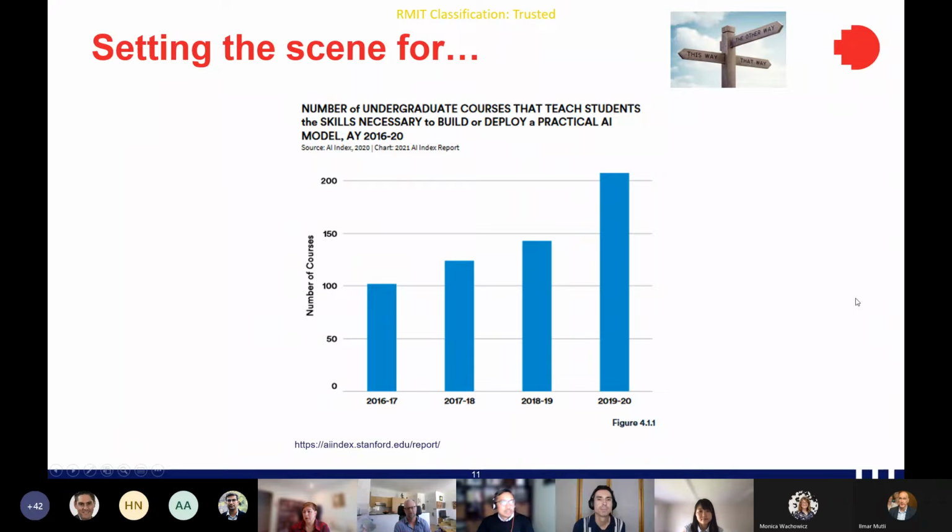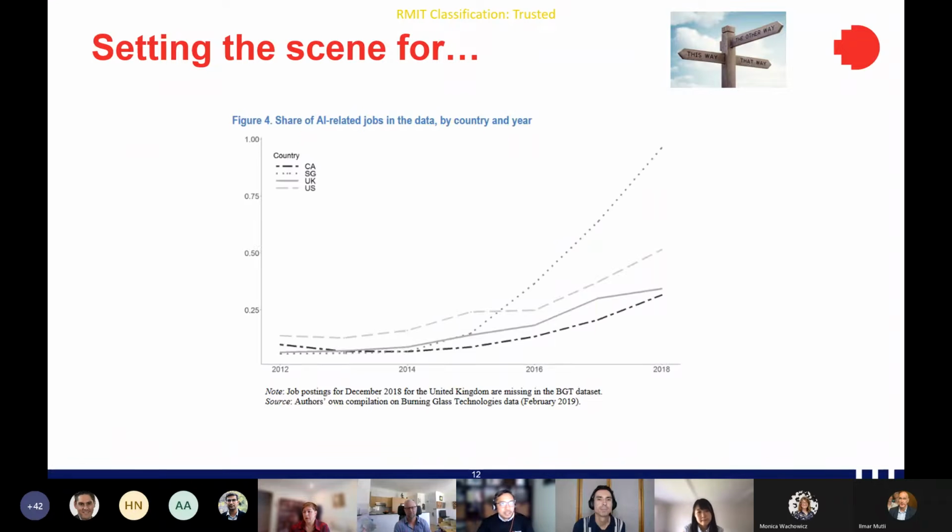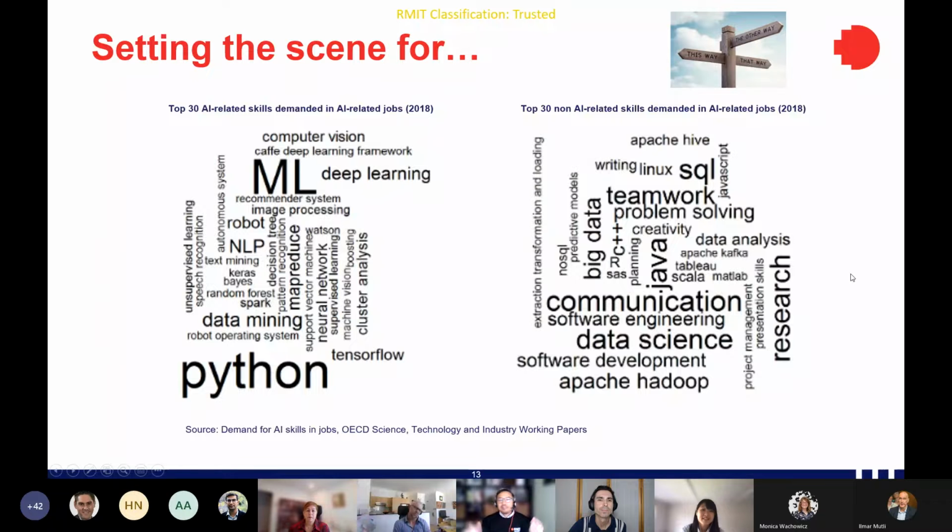In terms of jobs, this was an OECD survey in 4 countries, and it shows that there's been very strong growth in AI-related jobs since 2014, as you can see. And the last teaser, also from OECD, and the data scientists in the room will probably curse me for showing word clouds, but this is what they had, right?